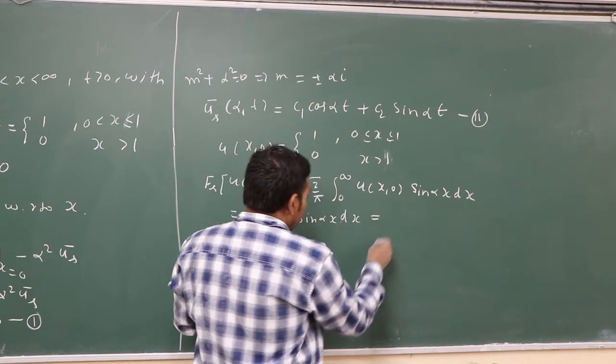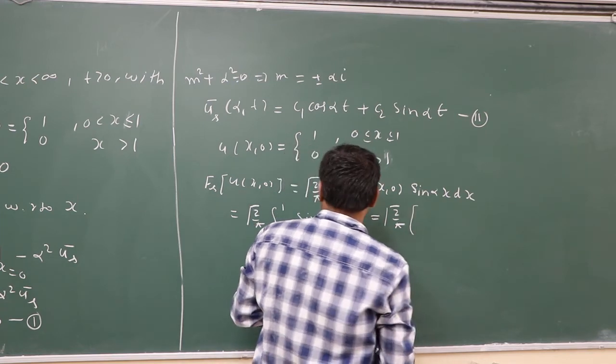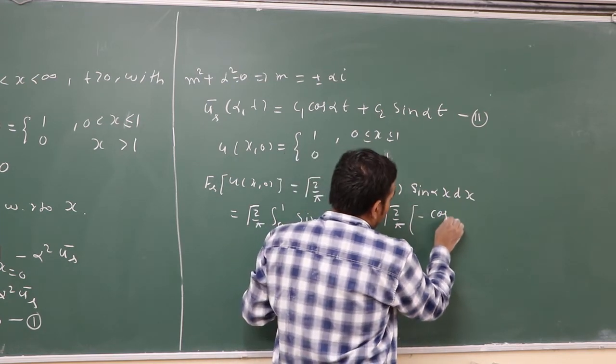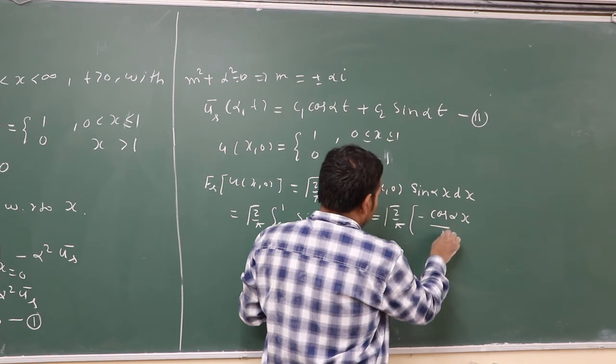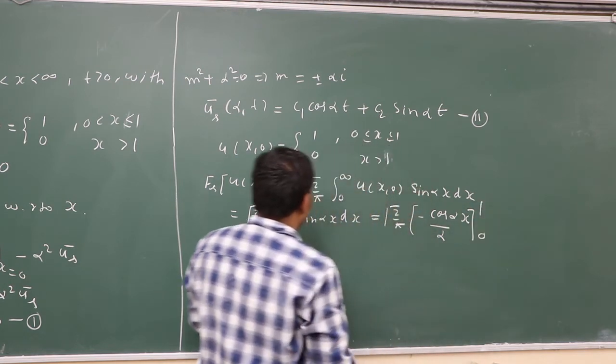So simply write under root 2 upon pi, minus cos alpha x upon alpha, ranging 0 to 1.